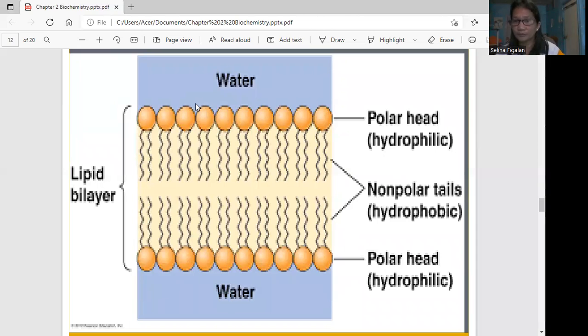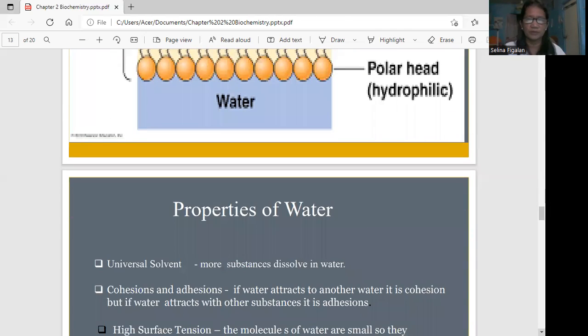They love water. So they are polar. But when you say non-polar, they are hydrophobic, which means they fear water. Kaya nga nasa gitna sila. And this lipid bilayer ay nasa gitna. So titingnan natin yan in your lipids, why these lipids are insoluble in water. Makikita ninyo yan sa picture ng inyong cell membrane.